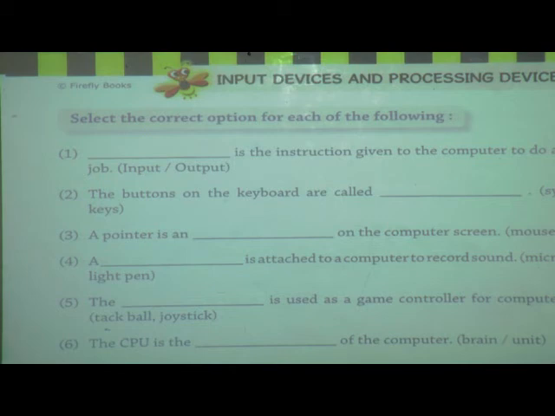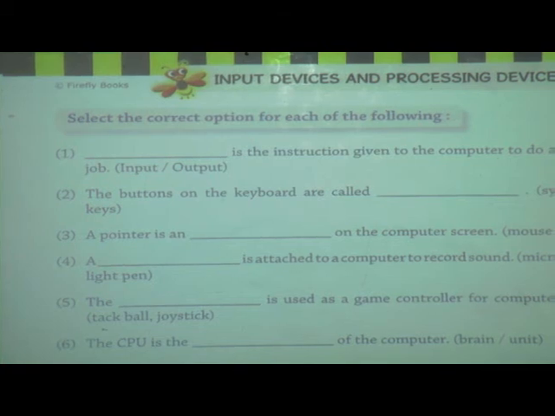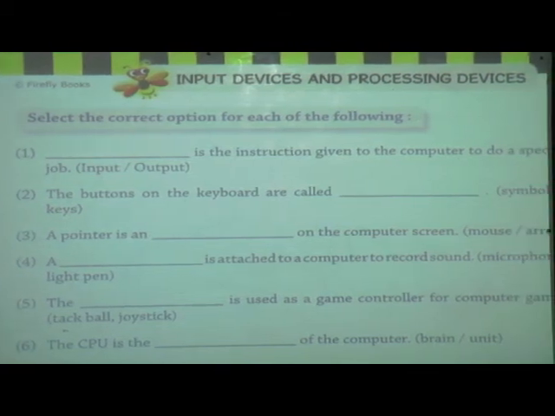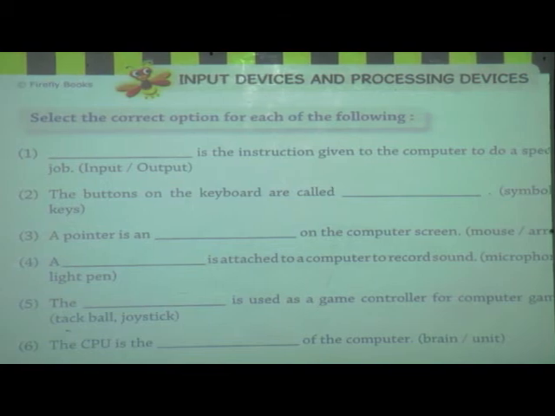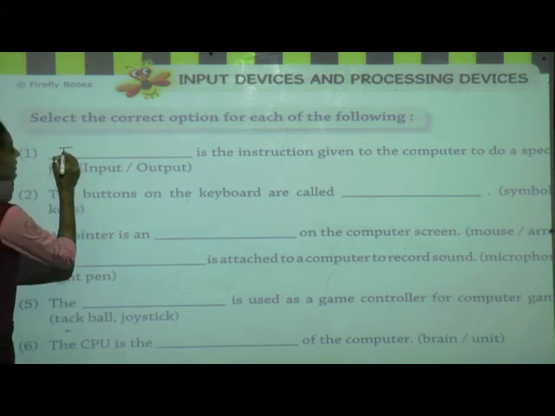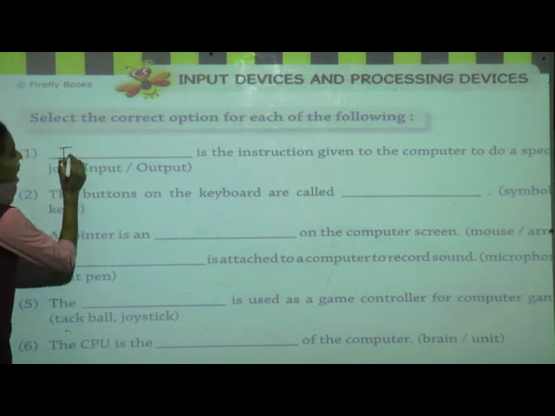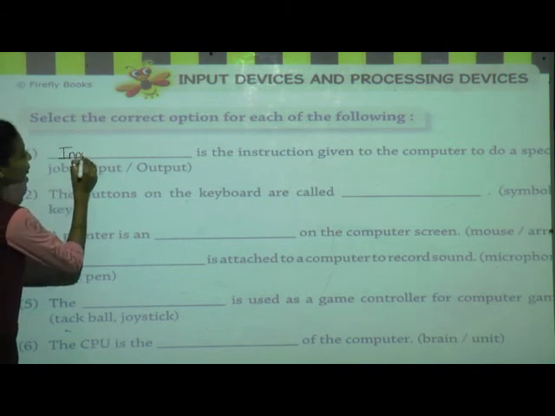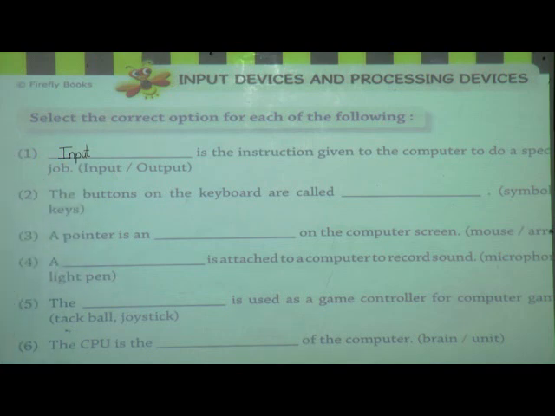Dash dash is the instruction given to the computer for a specific job, input or output. Who is giving instruction? Input or output? It is input. Then we will write here input. What is the correct answer? Input. I-N-P-U-T. Input.